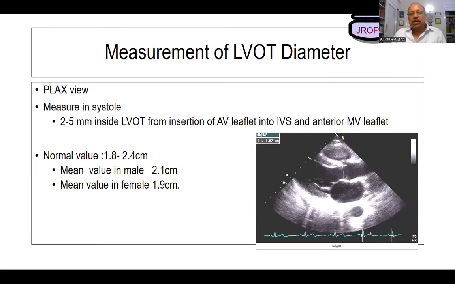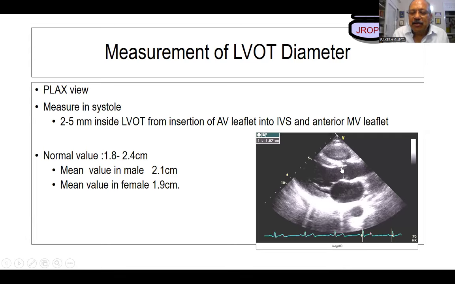Now let's look at them one by one. I said LVOT, I said LA, I said LV, I said RV. I'm not going to dwell on RV first. I'll focus on LV. My aortic root dimension, if it's M mode, is measured from leading edge to leading edge, and this is known as aortic root.